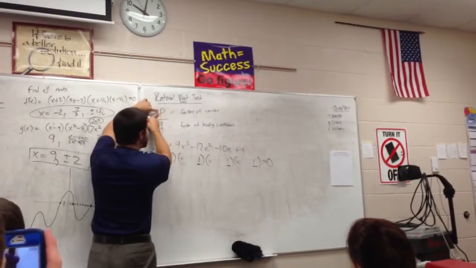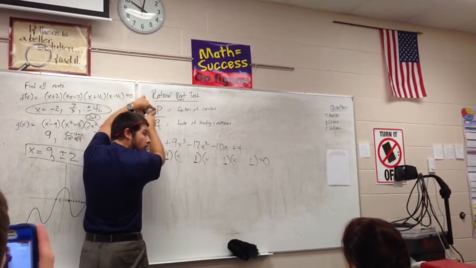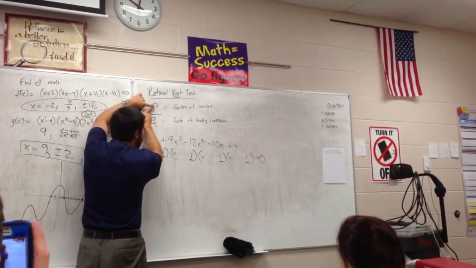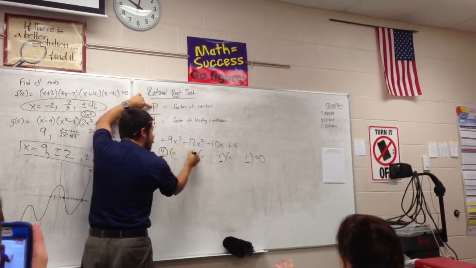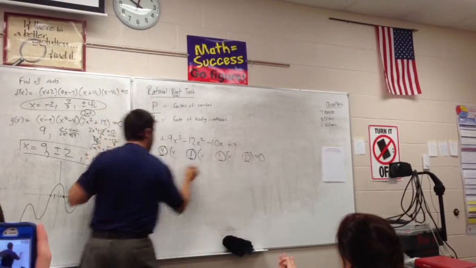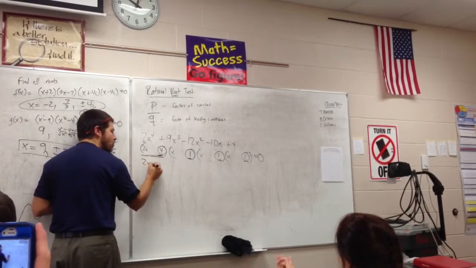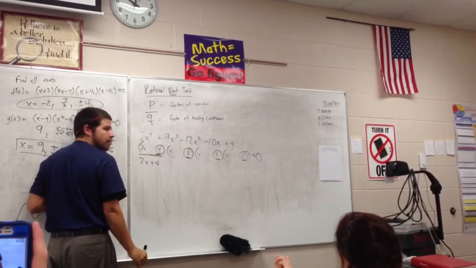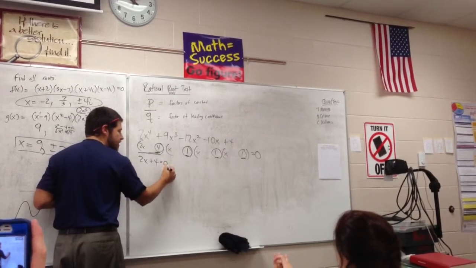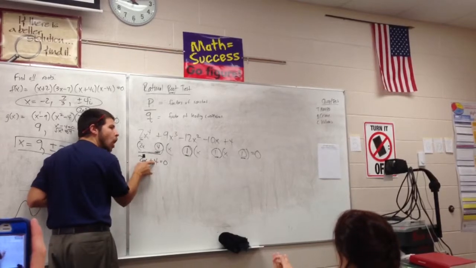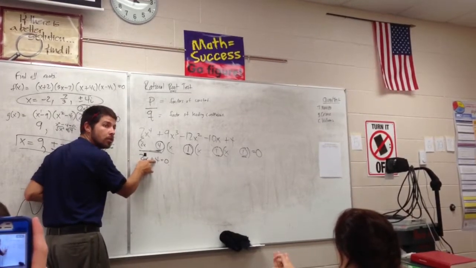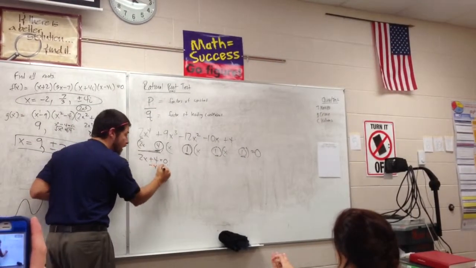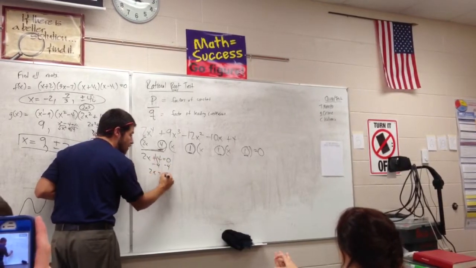The number that is on top, okay, listen to this. The number that is on top must be the factors of the constant. Because technically, what do I have here? I have 2x, say, plus 4, I don't know, plus or minus. If you set this equal to 0, where does this 4 go when you're finding the root? Okay, when I subtract 4 from both sides, 2x equals negative 4.